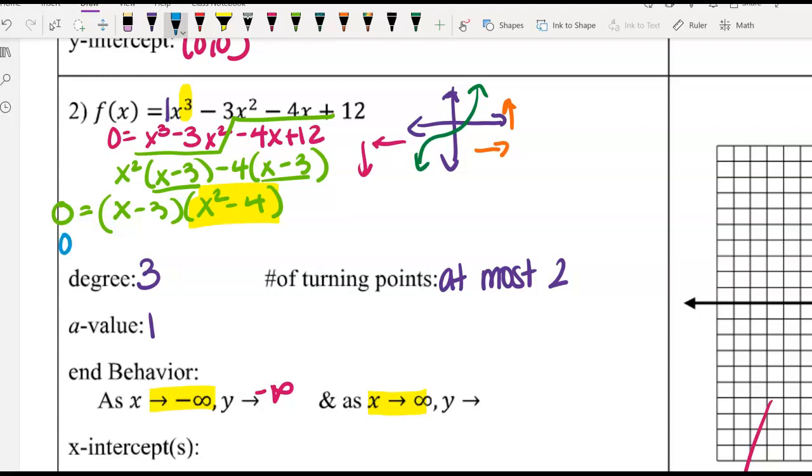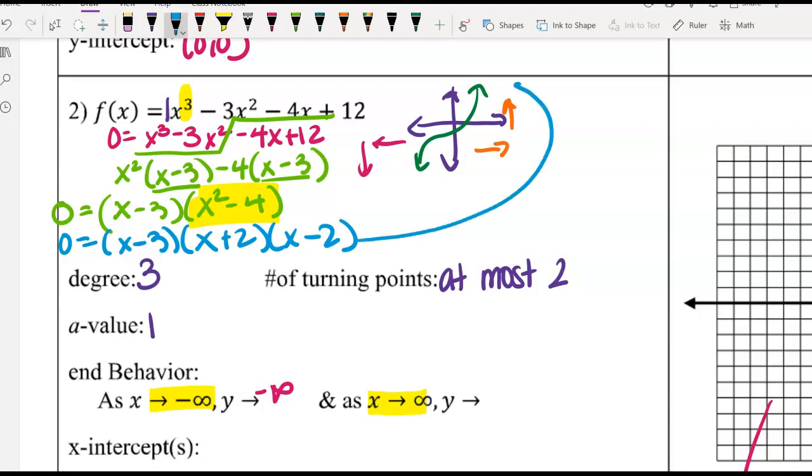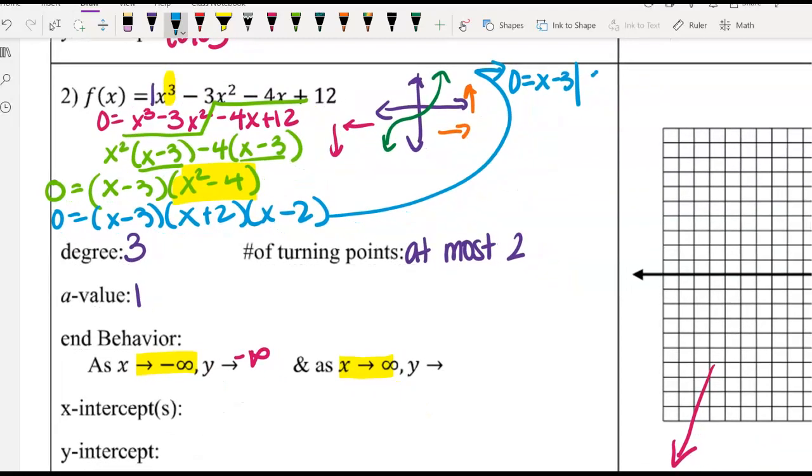So I'm going to use 0 equals, drop down my x minus 3. That's going to be an x plus 2 times x minus 2. Yes, by this time in your math career in Algebra 2, I am expecting you to be able to factor just like that, fast. Take each factor and set it equal to 0. So 0 equals x minus 3. Next is 0 equals x plus 2.